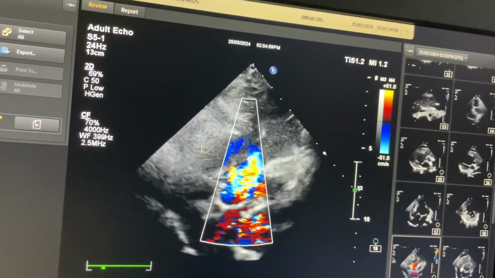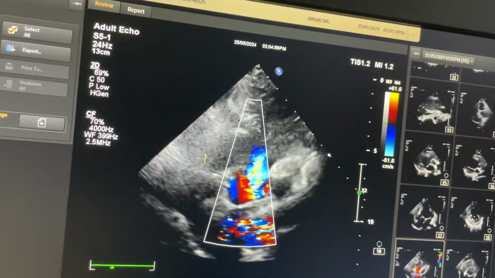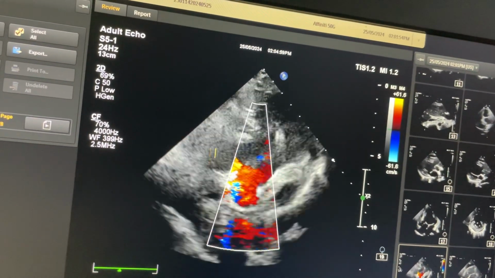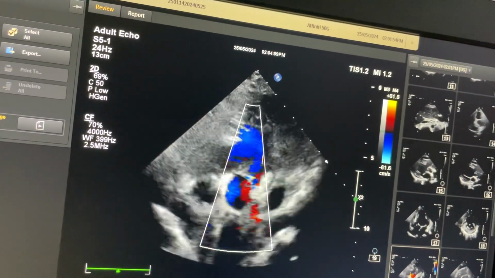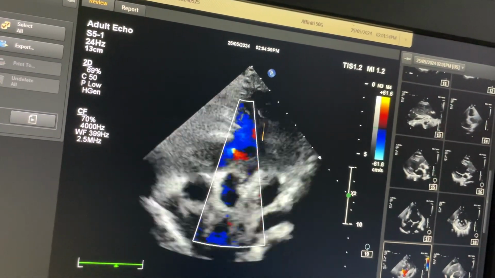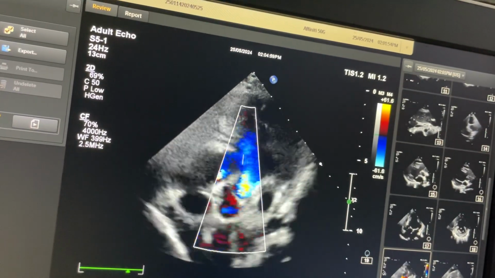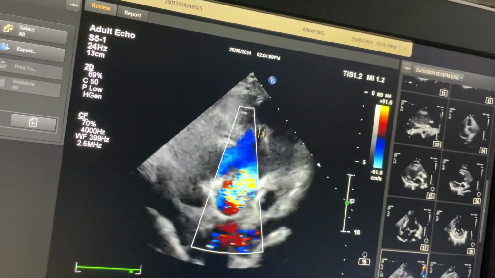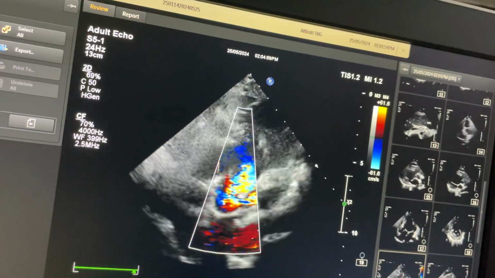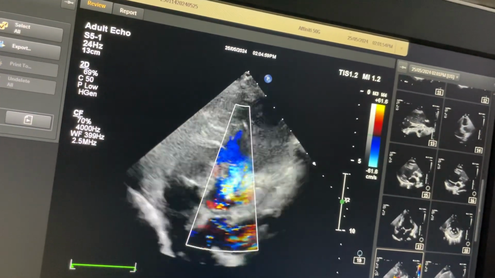So the aorta is coming from the remaining right ventricular outlet portion, the hypoplastic right ventricle, and the main pulmonary artery is coming from the left main ventricle. So ultimately only one ventricle is receiving all the blood and giving through the VSD to the aorta and directly to the pulmonary artery.